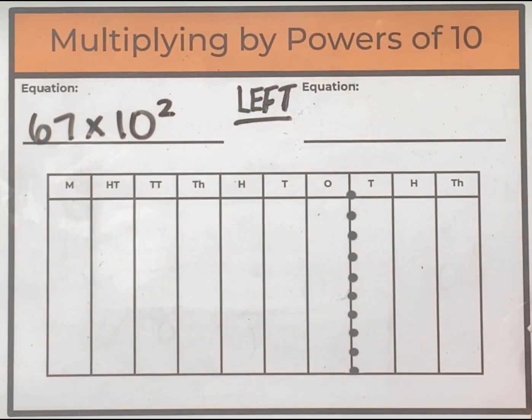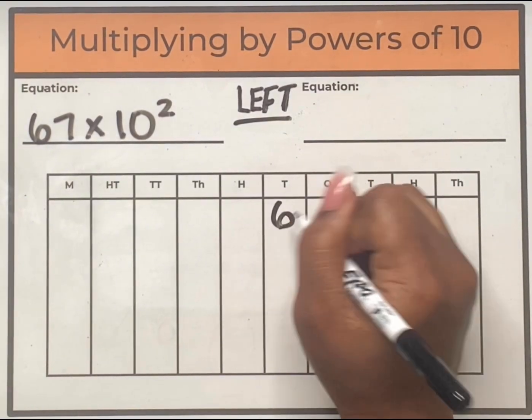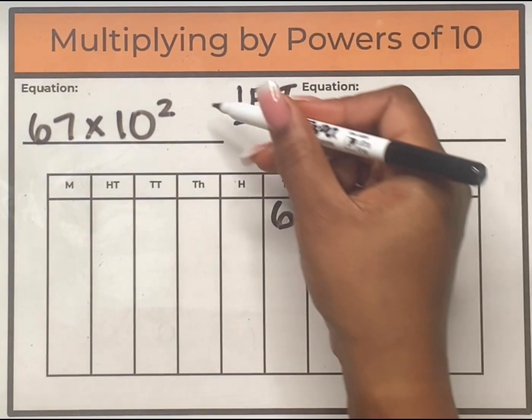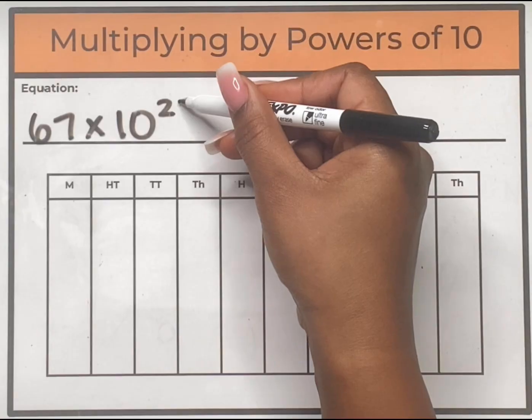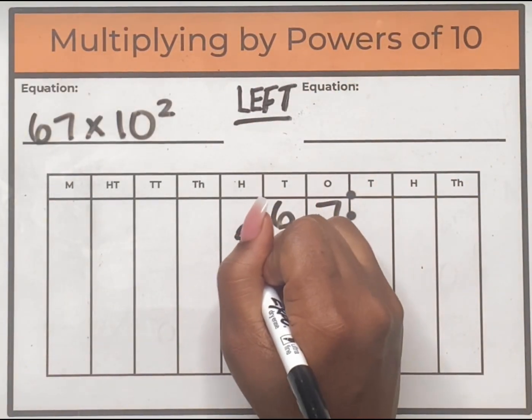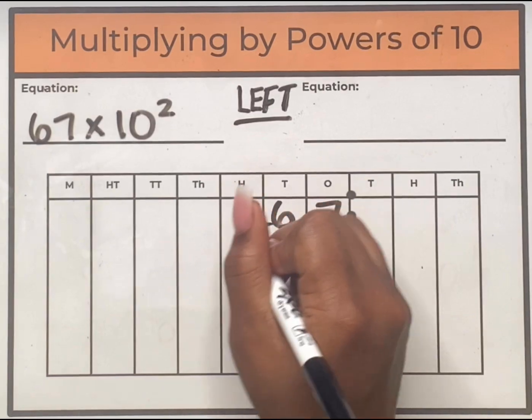Let's do a simpler one. You're going to do this one independently. We did 2 together. Now I want you to try this one on your own. Pause the video. You write 67 in the chart. And since we're multiplying, we're going to move to the left 2 times because our exponent is 2. 1 shift, put times 10.